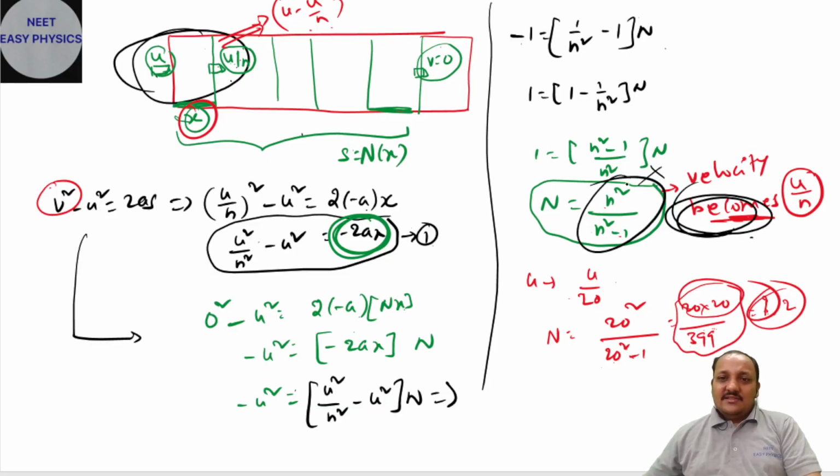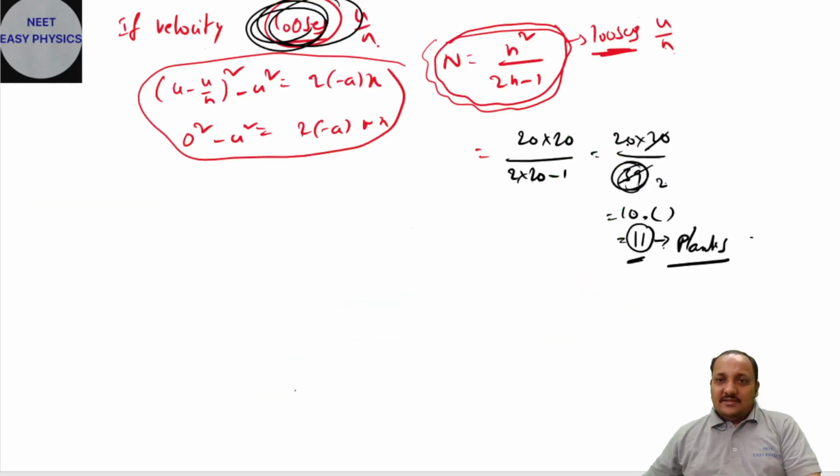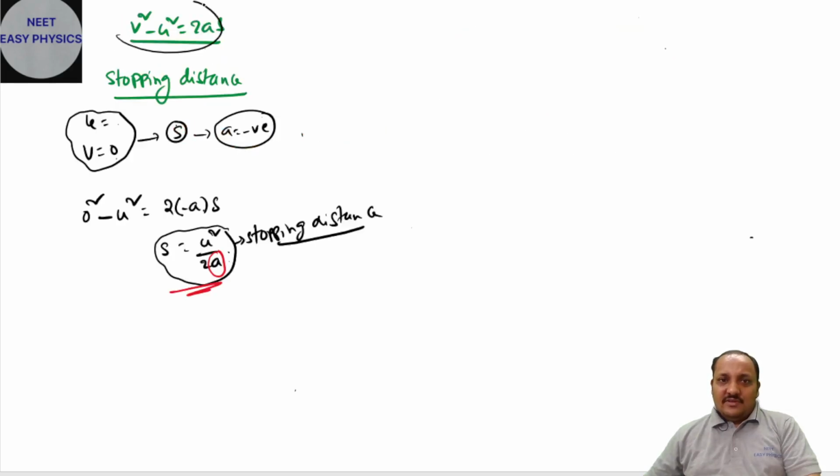They may ask this one, n square by 2n minus 1, very rarely in your examinations. I hope you understood. On this equation, we'll discuss some more cases. So in the stopping distance case and the velocity case, you have to use this formula. I hope you people understood. Thank you.